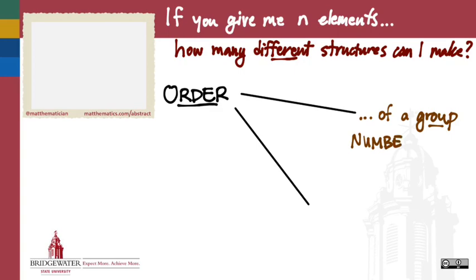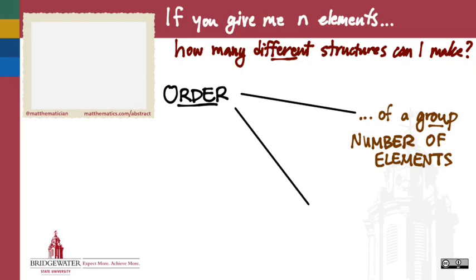So, for example, all of the groups that we studied in the multiplication table exercise, what was the order of those groups? You have them listed on the page in front of you again. What would you say? All 4 of those groups have the same order. What is their order? 4. It's the number of elements that you're given to work with. So that's one sense in which we use the word order.